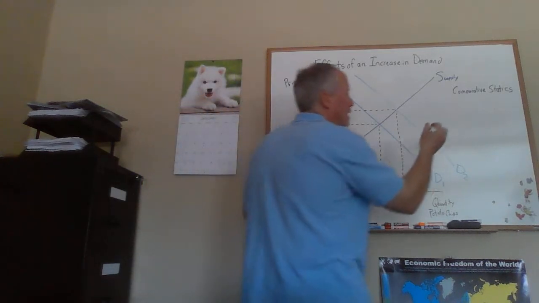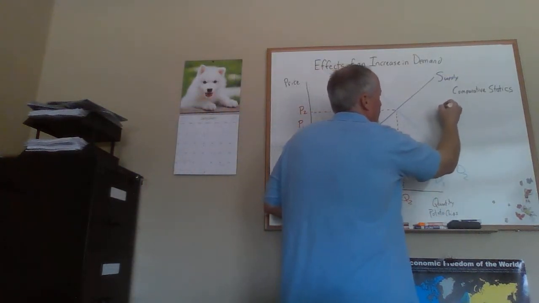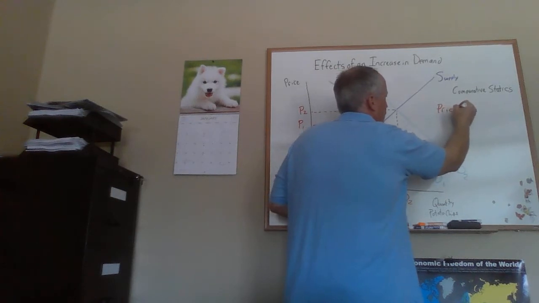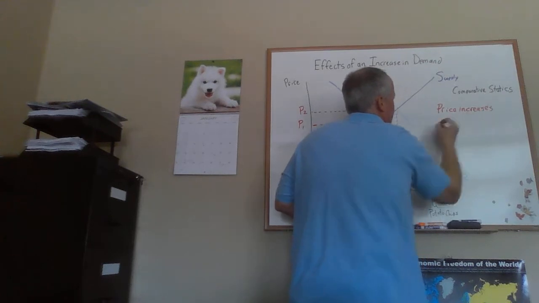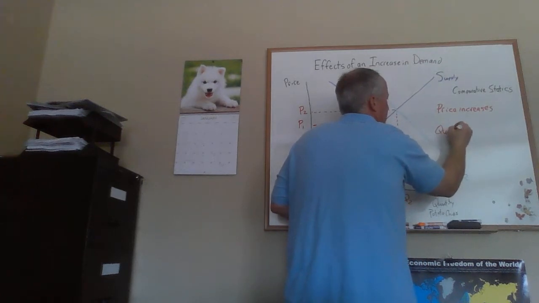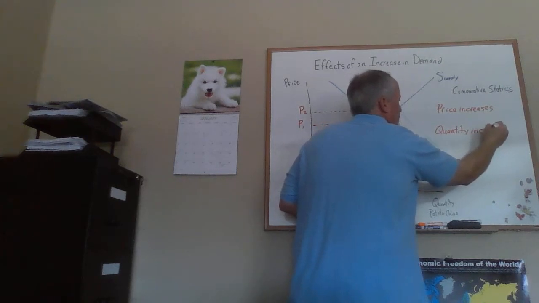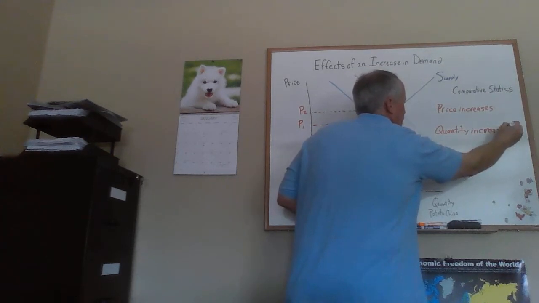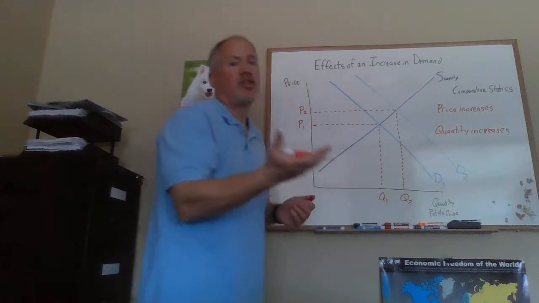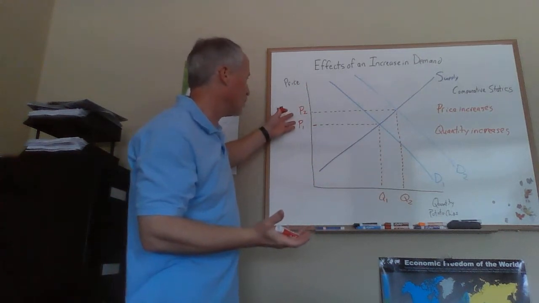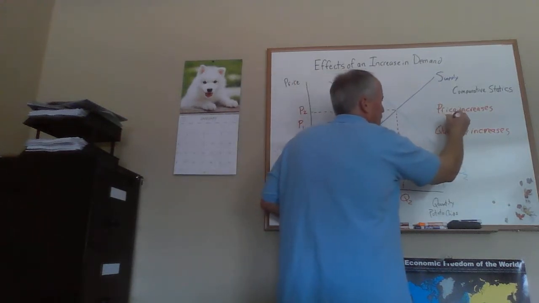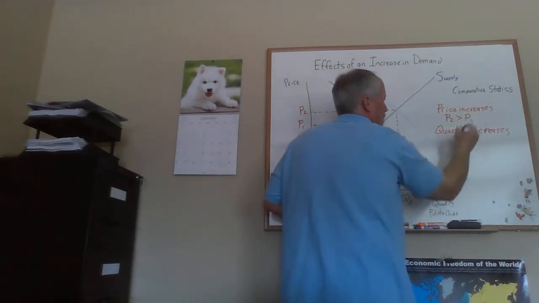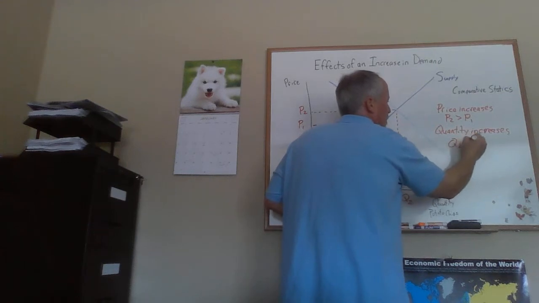So we're going to compare the equilibrium now. Again, comparing here, we will see that the price has increased and the quantity has increased. That's very straightforward, just looking at this: P2 is greater than P1, and Q2 is bigger than Q1.